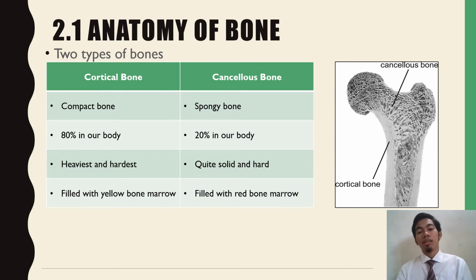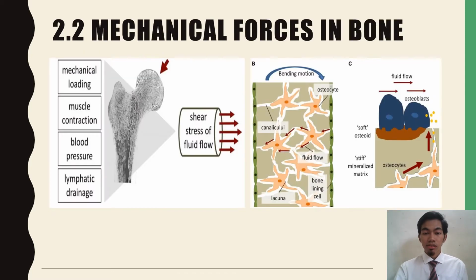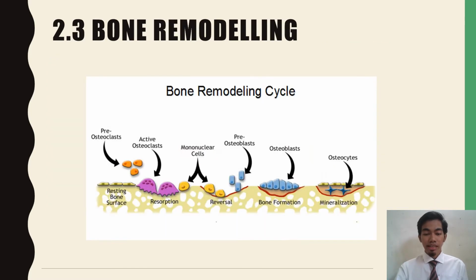And this study only focus on cancellous bone, where it consists of porous structure more than cortical bone. Next are the few types of mechanical forces in our bone and the bone remodeling that occur in our body.